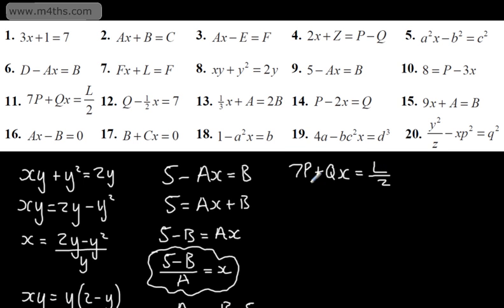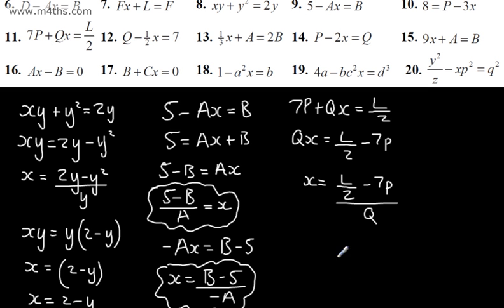That means I don't want this 7p on the left-hand side. So what we're going to have is qx will be equal to L divided by 2 minus the 7p. And at this stage, we would simply divide both sides of the equation by q. So L over 2 minus 7p divided by q.